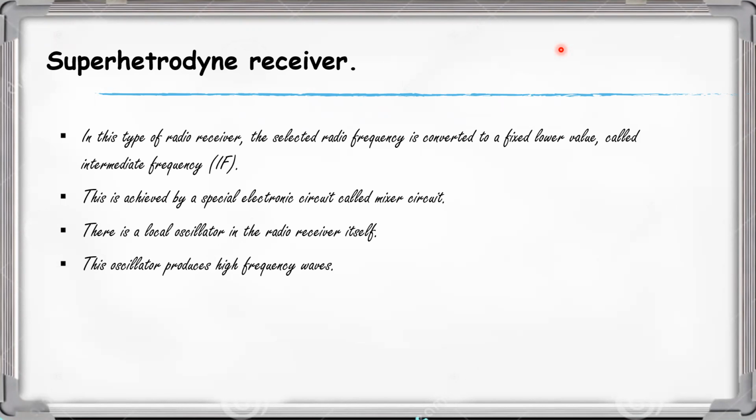This oscillator produces a high frequency wave that must be greater than the radio signal frequency, in such a way that the difference between this high frequency wave and the radio signal wave is equal to the intermediate frequency.